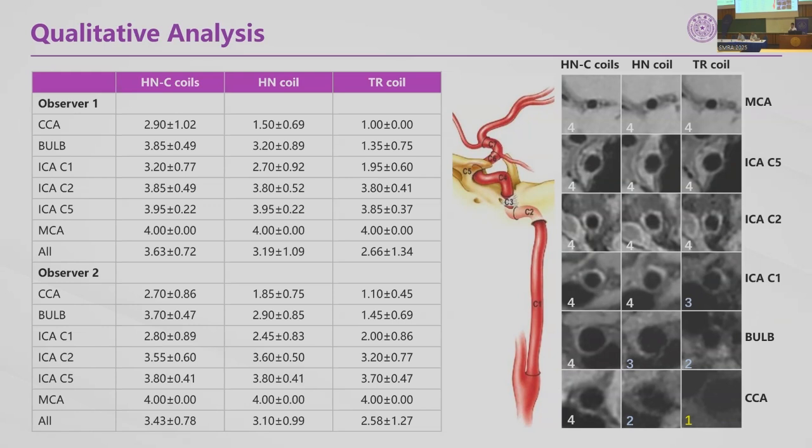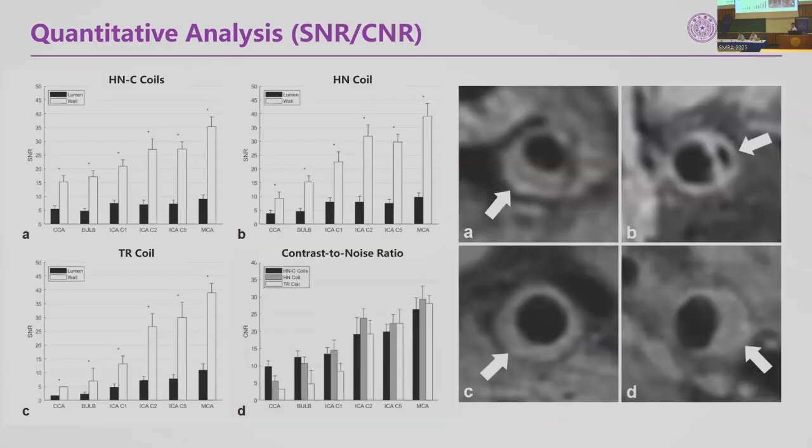The inter-reader score results indicate that the overall image quality of the HNC coil is superior to that of the HN coil and TR coil, particularly in the images of extracranial arteries. After that, we calculated the signal-to-noise ratio of the vessel wall and the vessel lumen, as well as the CNR. Compared to the other types of coils, using the HNC coil has better delineation performance in the carotid arteries.